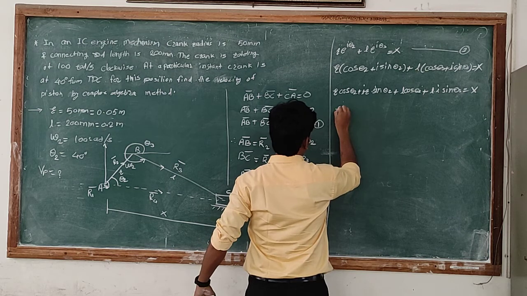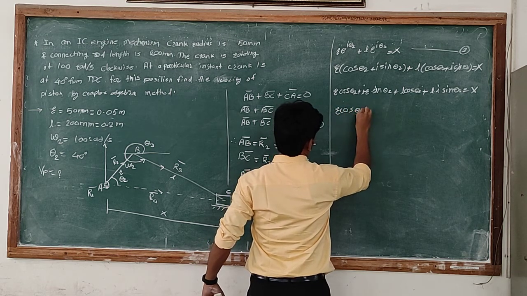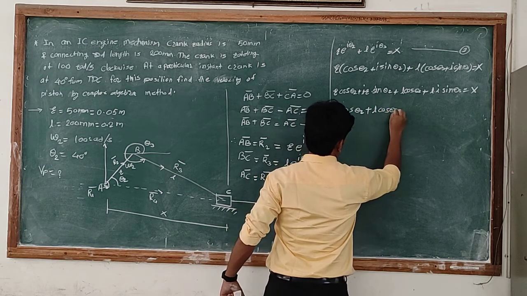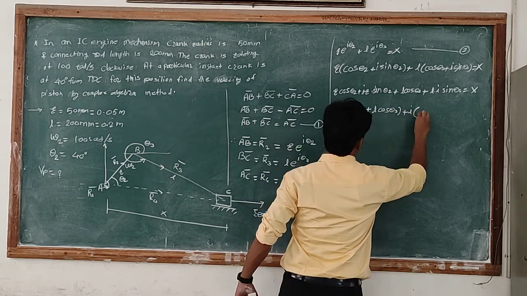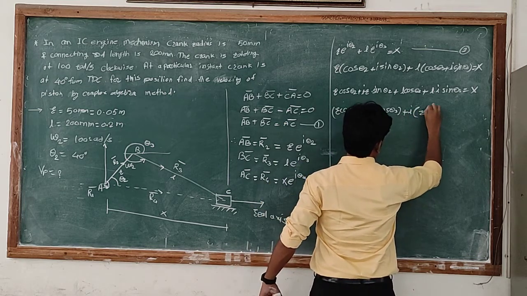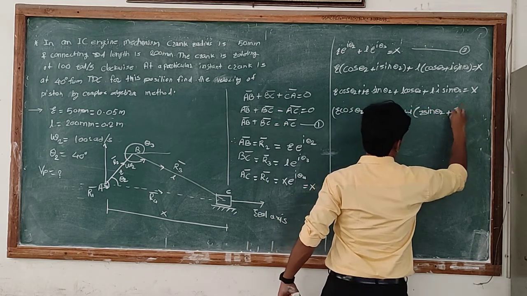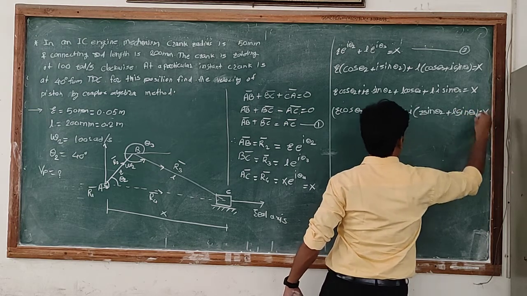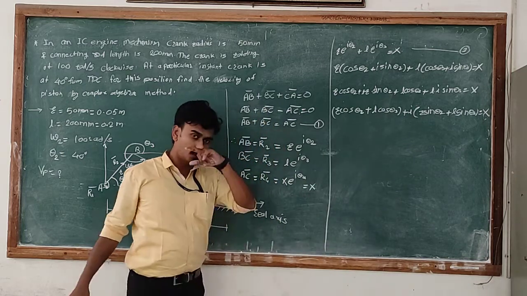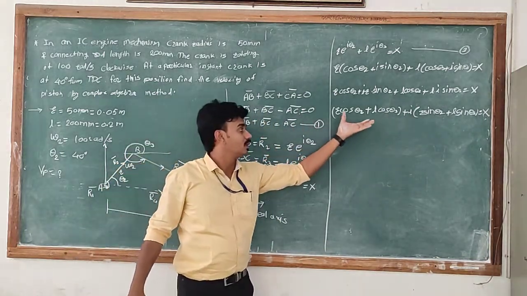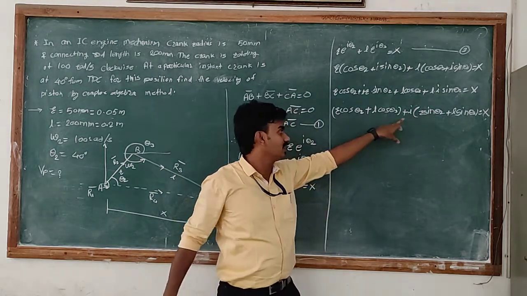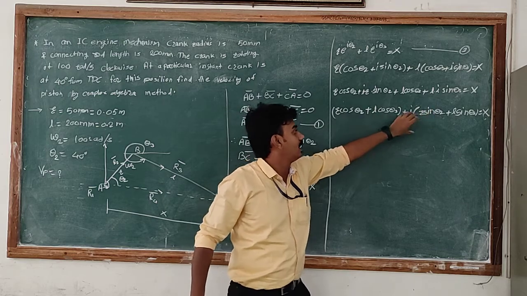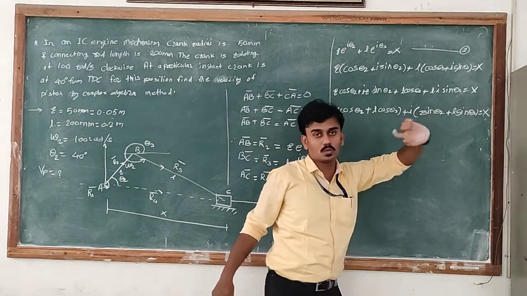So here r into cos of theta 2 plus L into cos of theta 3 plus i into r into sin of theta 2 plus L into sin of theta 3 is equal to x. Now if we compare both sides, this term is equal to x and this imaginary number is equal to 0.